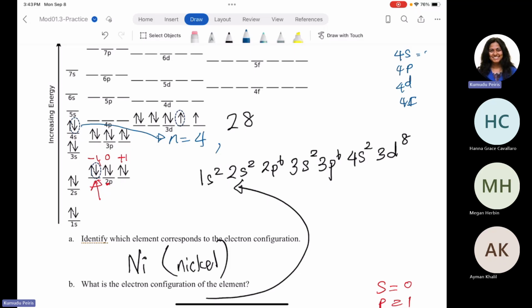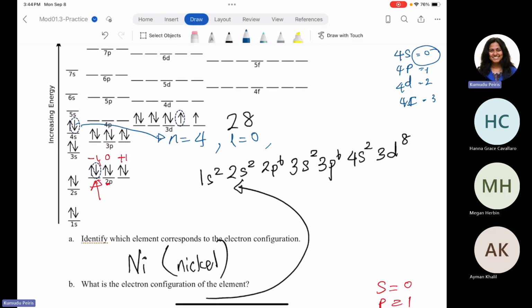Again, for s, the angular quantum number is 0; for p, the value for the L is 1, d is 2, f is 3. So this is in s, so the L should be equal to 0 because the electron is in the s orbital.